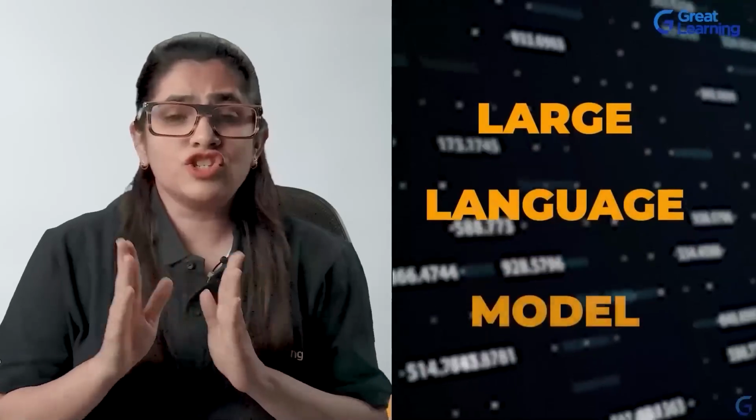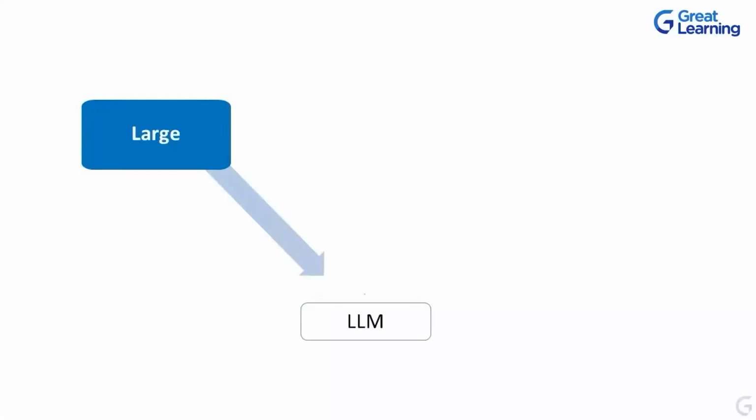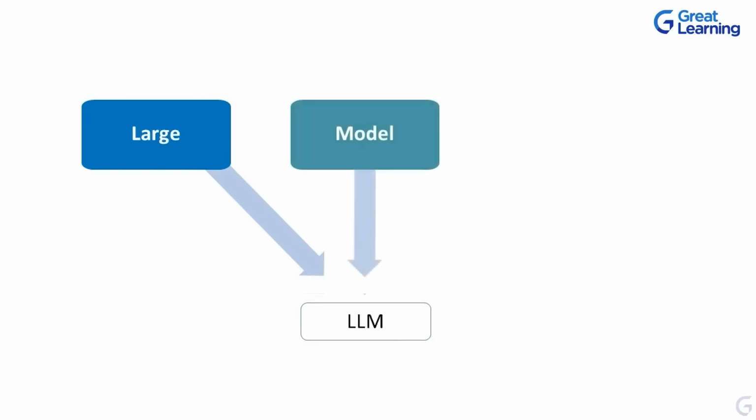Large language model. Large just means that the model has been trained with a massive amount of data. We are talking about billions of words from books, websites, articles, and more. Model refers to a set of instructions or algorithms that helps the AI understand and generate language.